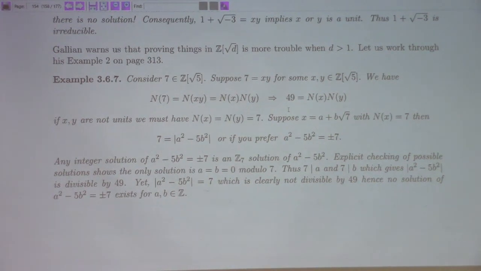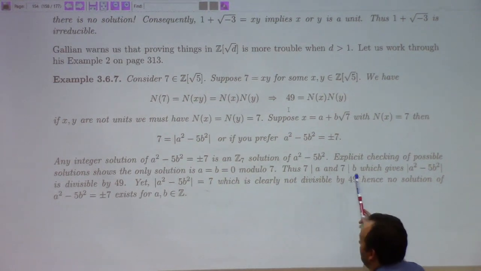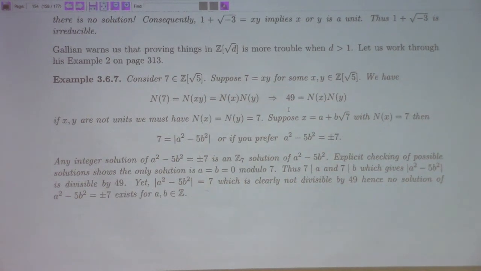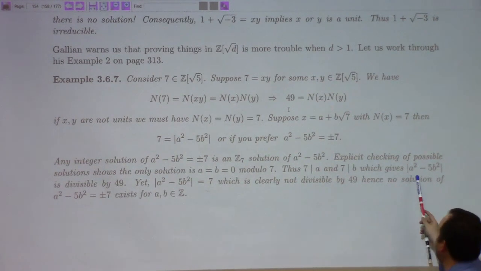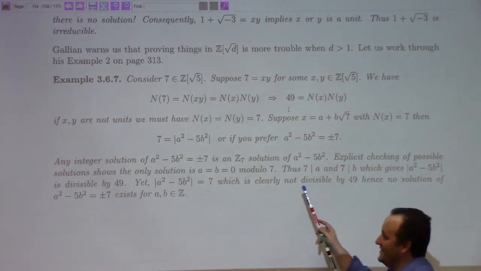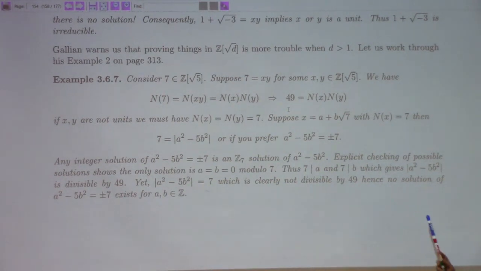And so what that means is that 7 divides a and 7 divides b, which would suggest that this is divisible by 49, but it can't be equal to 7 and be divisible by 49. So no such a and b exist. Consequently, 7 is irreducible in Z adjoin root 5.